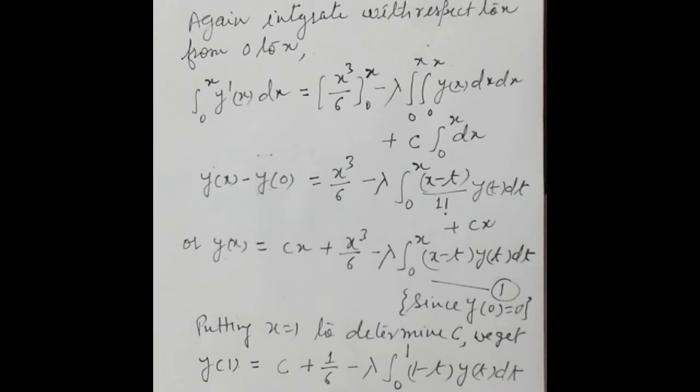So this implies c equal to 5 by 6 plus lambda, the integral from 0 to 1, (1 minus t) y(t) dt.